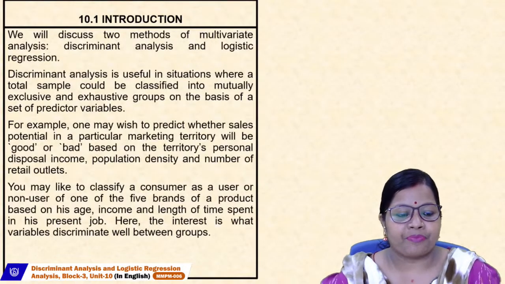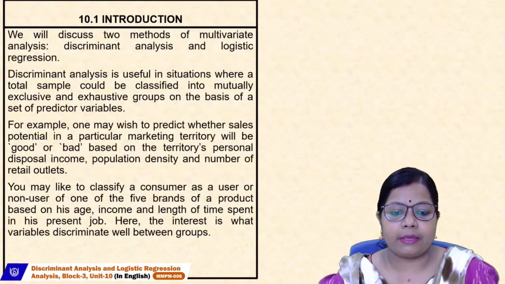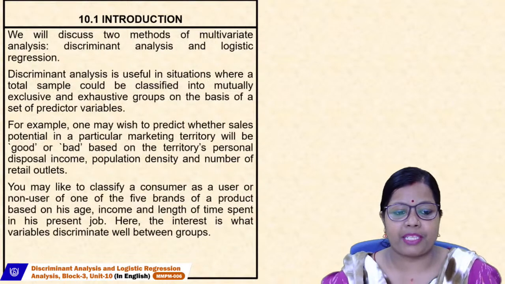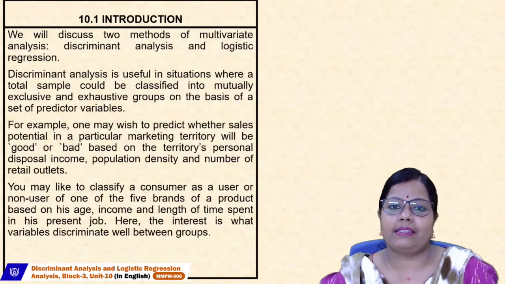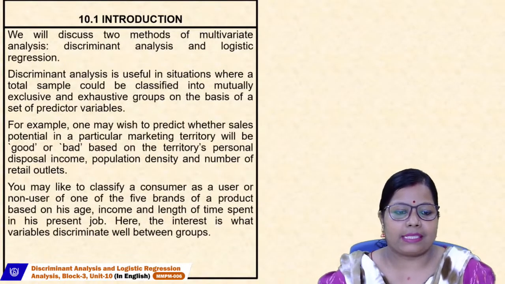That is also based on factors like demographic factors: age, income, length of time spent in the present job. All these are predictors of the two sets I have framed, user and non-user.